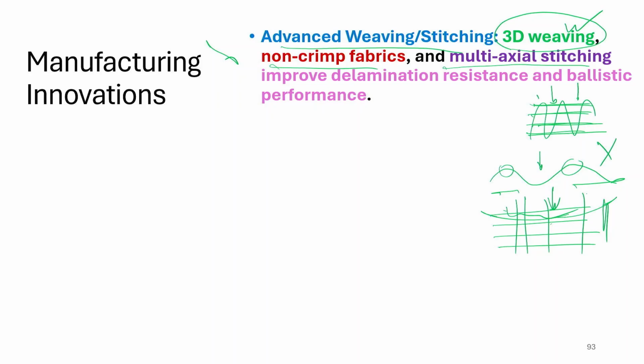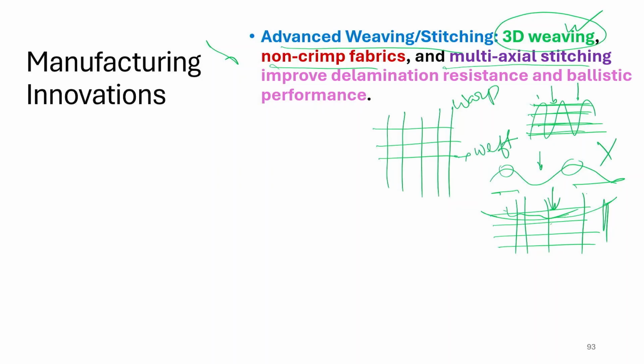And also multi-axial weaving. Normally we produce fabric in two directions, biaxial, warp and weft. This is warp and the other side is weft.